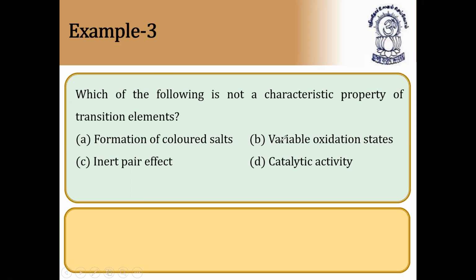They exhibit variable oxidation states. You can see manganese, it can exhibit from +2 to +7. So this is also correct. And formation of colored salts, as many transition elements are colored in aqueous solution because they contain unpaired electrons. So the only one that is not a characteristic property of transition elements is inert pair effect.